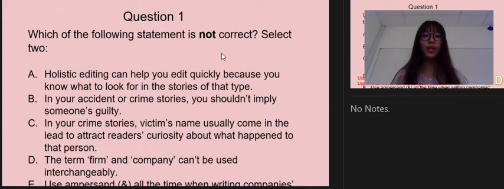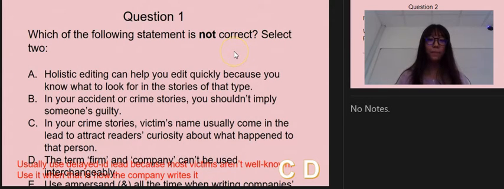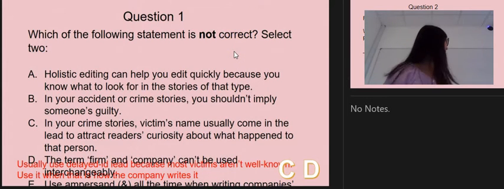D. The terms firm and company can be used interchangeably. And F. Use ampersand all the time when writing companies' names. The correct answer is C and D. You usually use the delayed ID because most victims are not so well known by the audience, and use the ampersand when it is how the companies write their names.